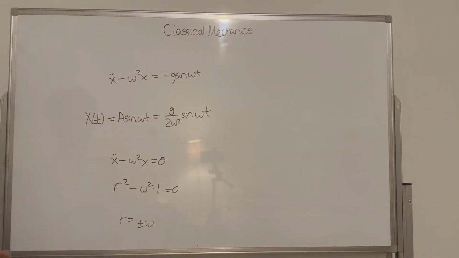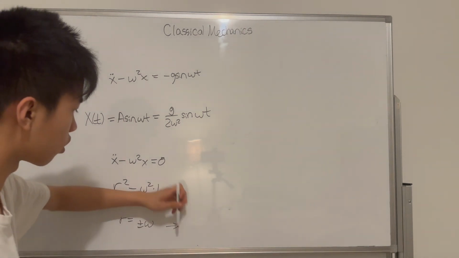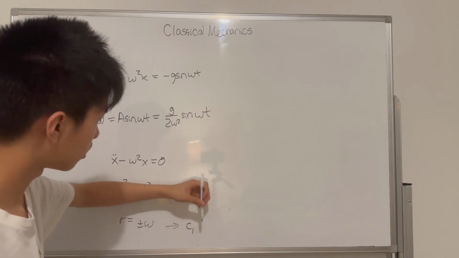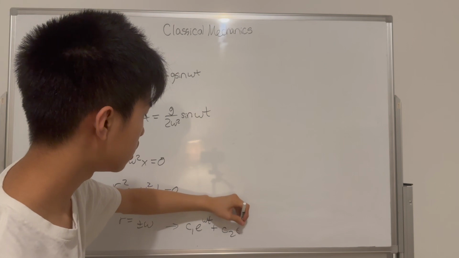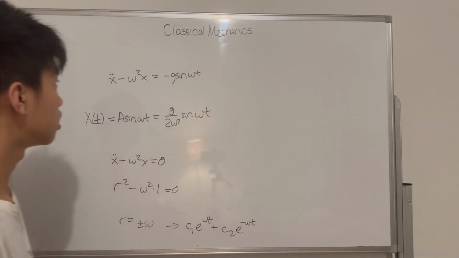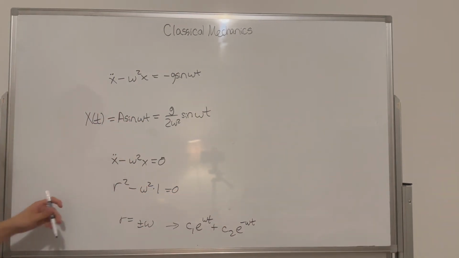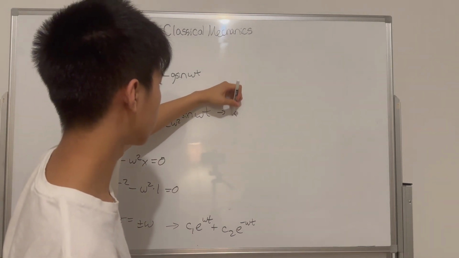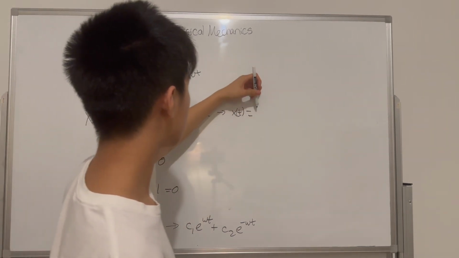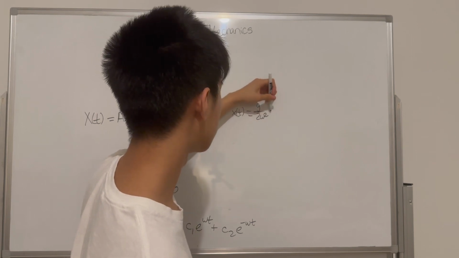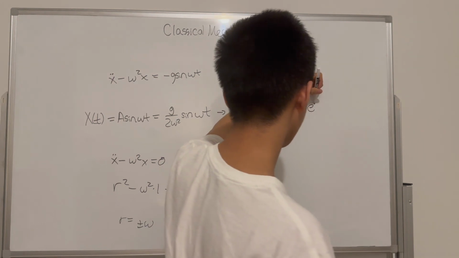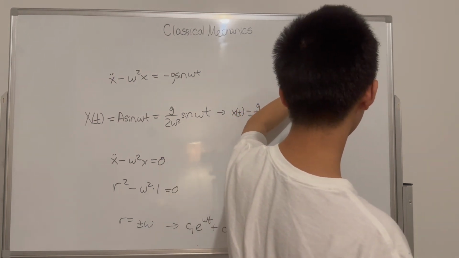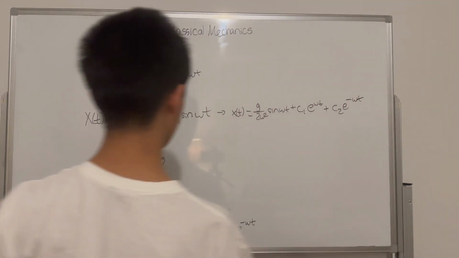Nothing too interesting here. So then our solutions would come in the form of c1 e to the omega t, and c2 e to the negative omega t. So our general solution is g over 2 omega squared sine omega t plus c1 e to the omega t power plus c2 e to the negative omega t power.